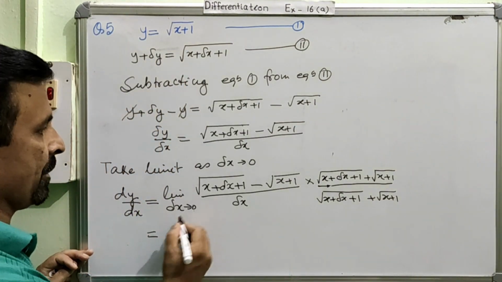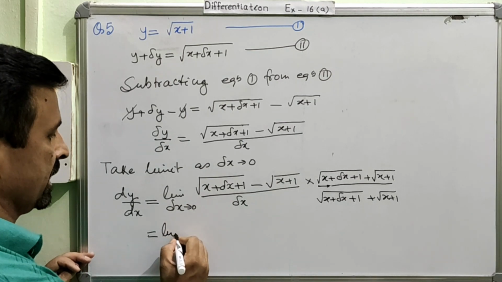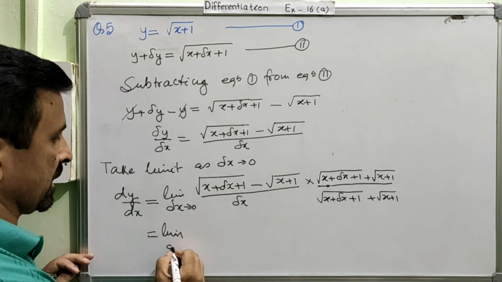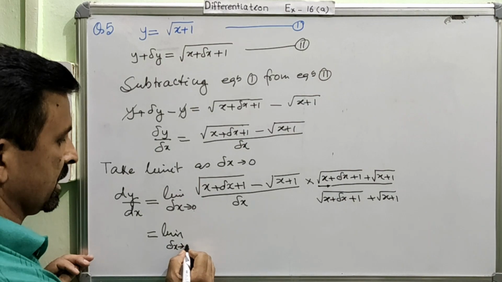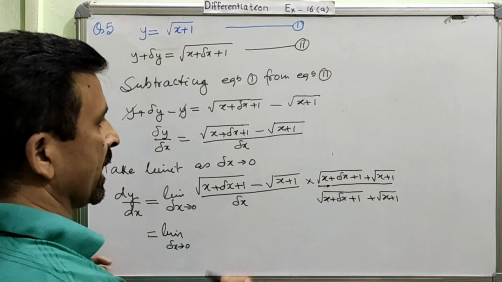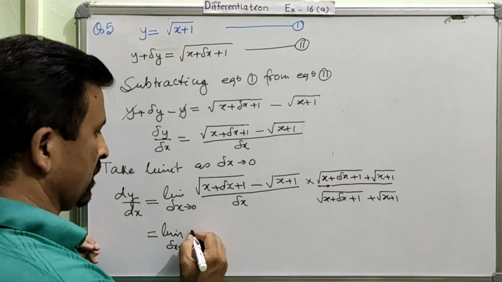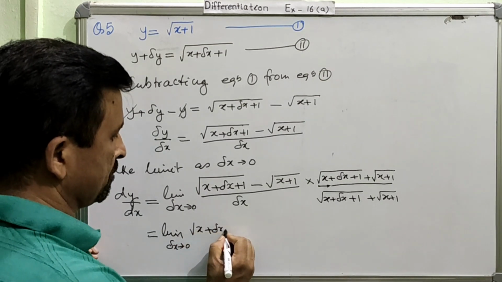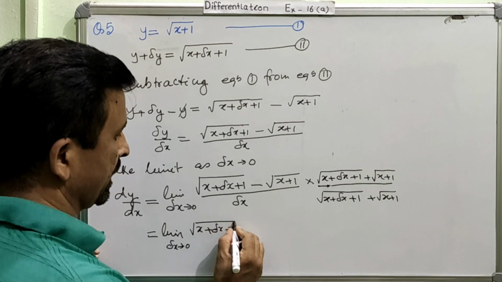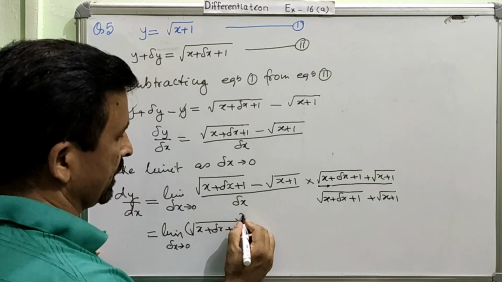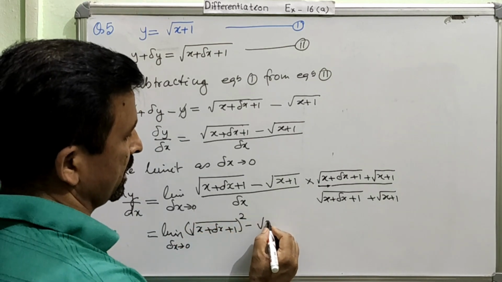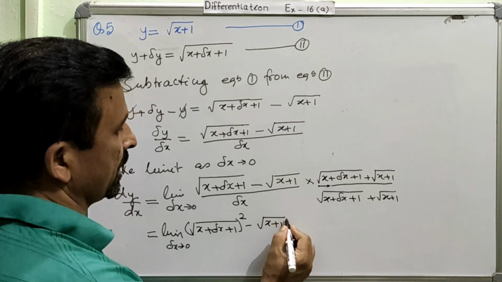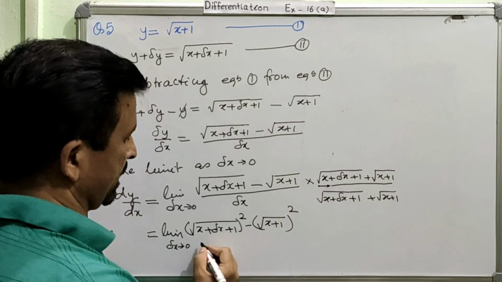So as a result, what will happen? In the numerator we can see it will get converted into difference of a square, because these two are the factor of difference of a square. So root over x plus delta x plus 1 square minus root over x plus 1 square.